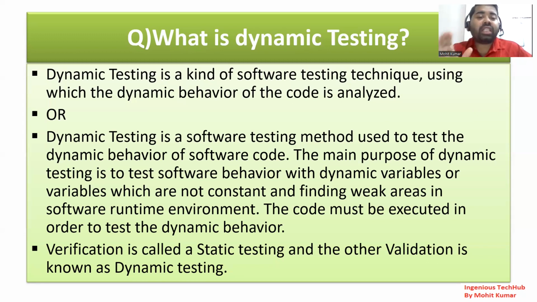Dynamic testing is a kind of software testing technique using which the dynamic behavior of code is analyzed. Dynamic testing is a software testing method used to test the dynamic behavior of software code. The main purpose of dynamic testing is to test software behavior with dynamic variables. I have given some examples, right?